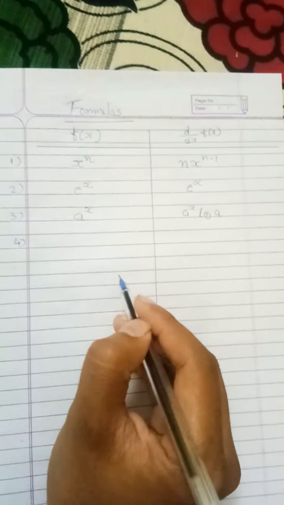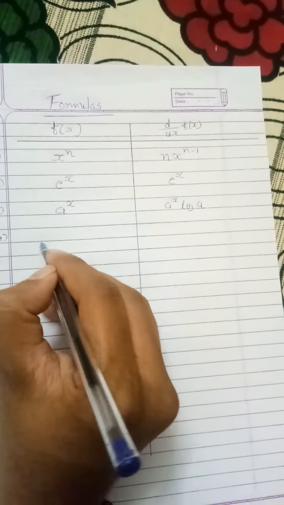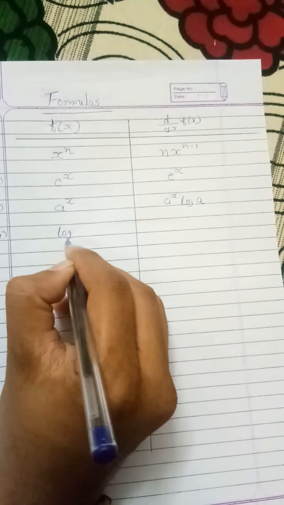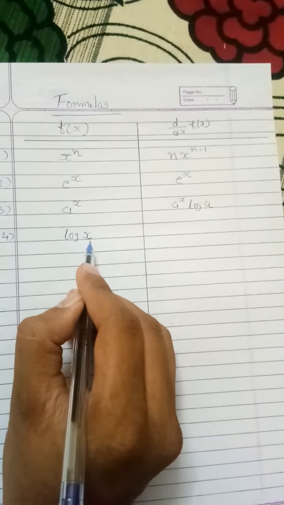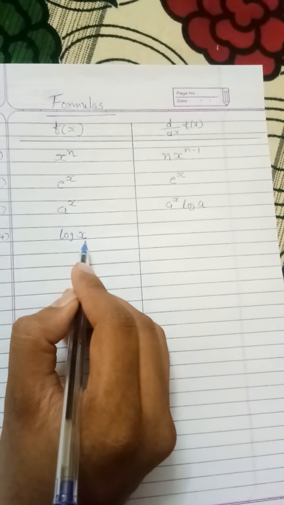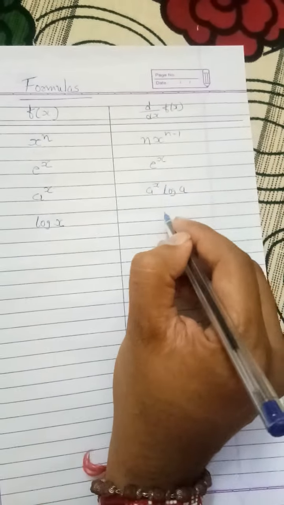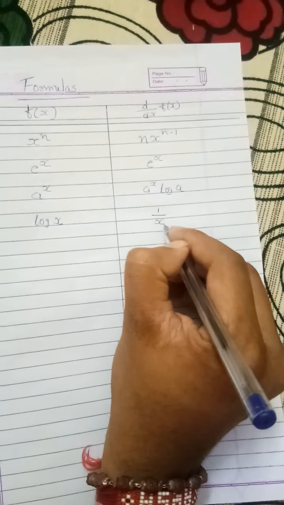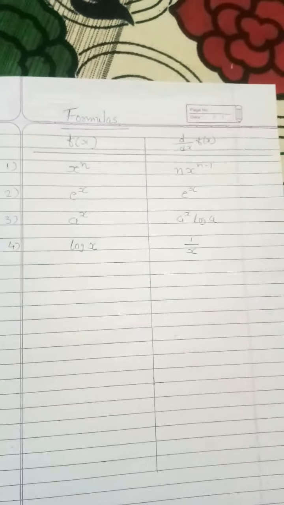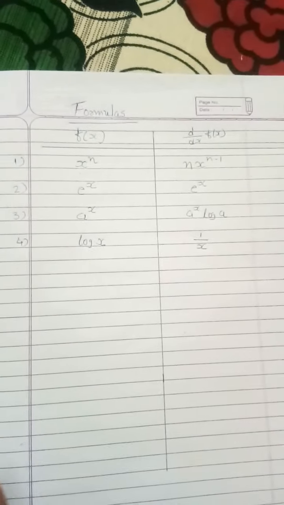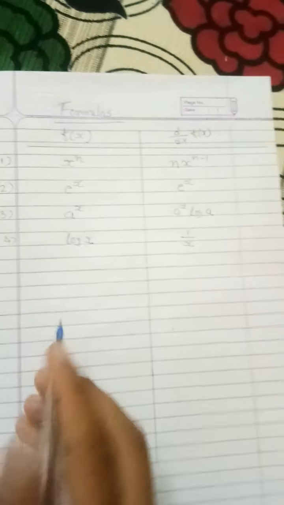The fourth formula that we have to remember is for the function log of x, meaning logarithm of x is given and we want to find its derivation. Its derivation is 1 upon x. What a logarithm is, we will learn in the next session. Right now we are just remembering the symbol and formula.